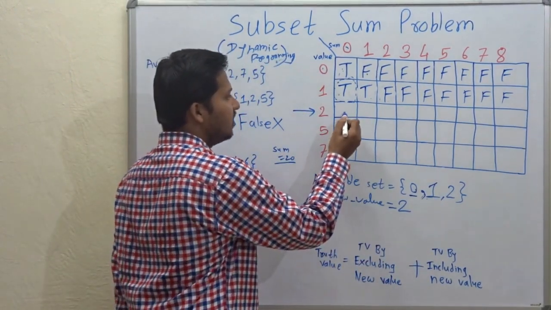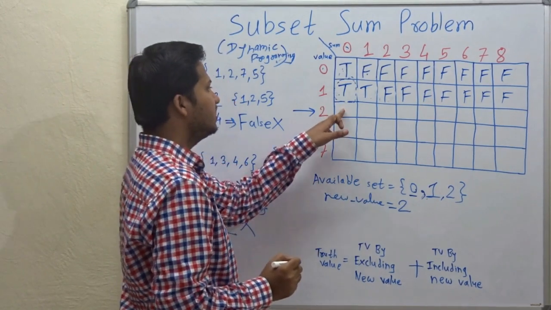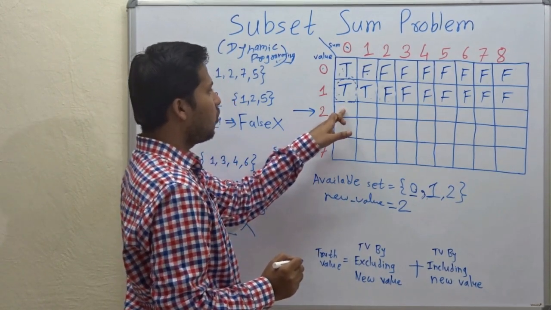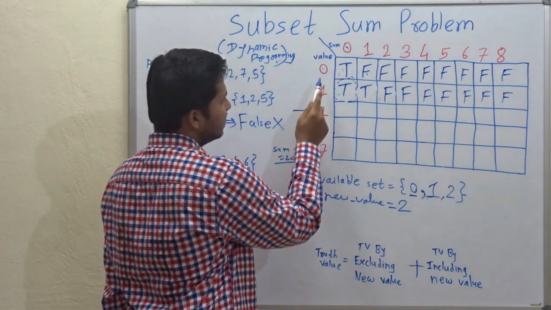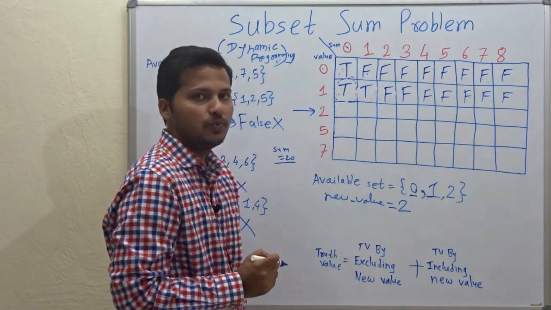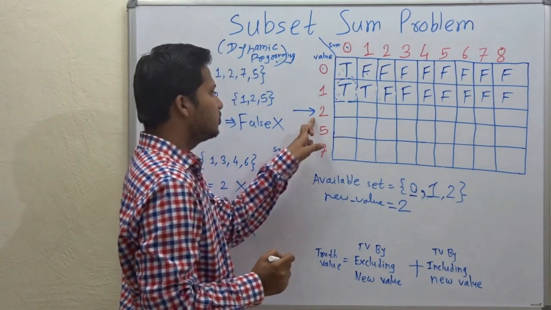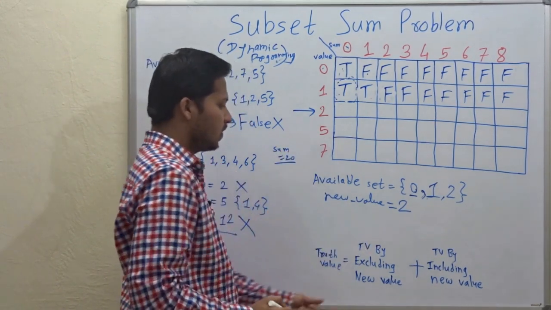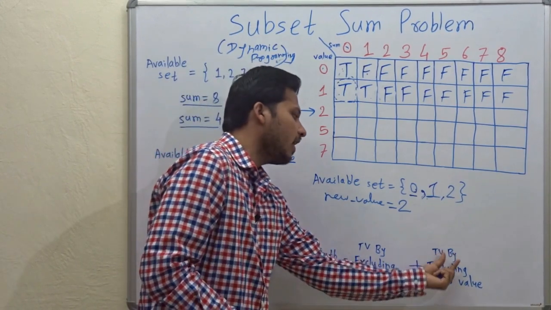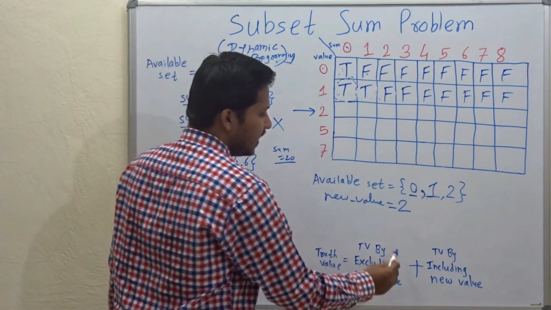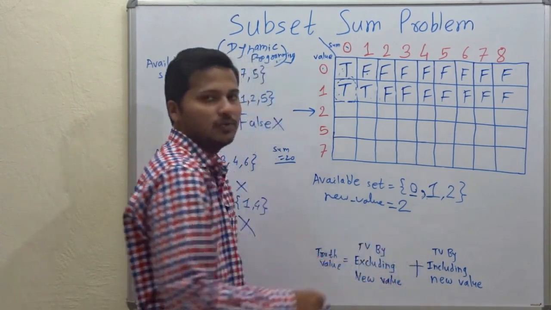Now this cell represents that whether we can form 0 by using values 0, 1 and 2. So as 2 is the new value, first you have to exclude that new value, then you have to include that new value, and you have to OR the truth values.